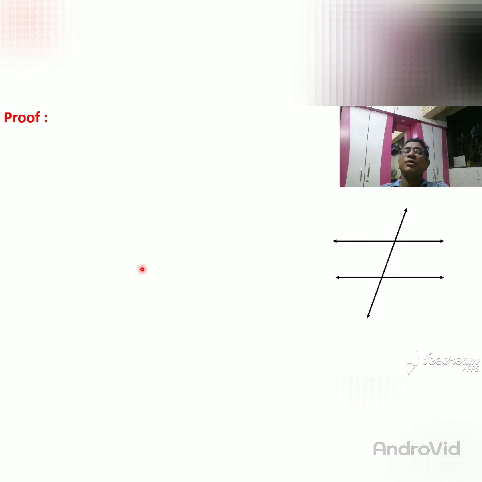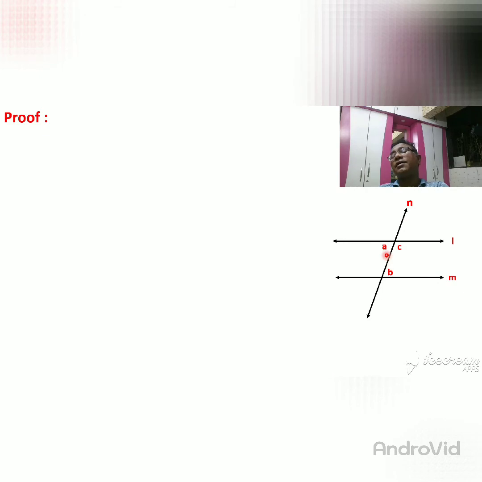Here we can draw the diagram first, and with the help of the diagram we can prove it very easily. So first see the diagram. The given condition is that angle A and angle B are alternate angles, and these alternate angles are congruent.